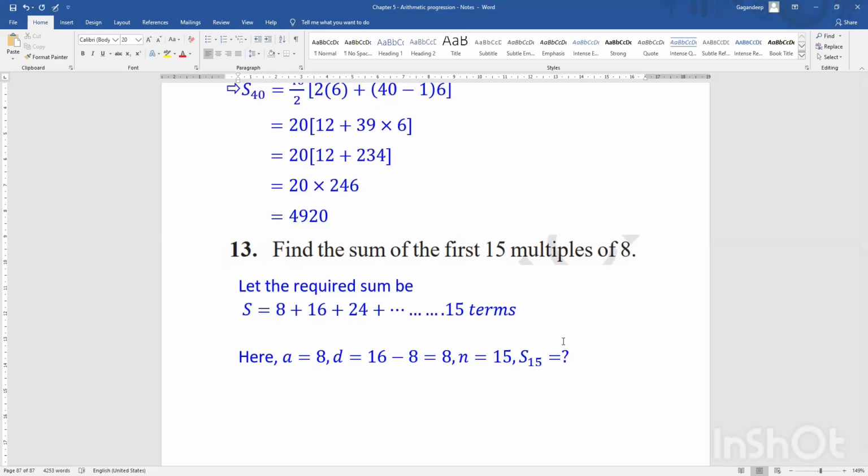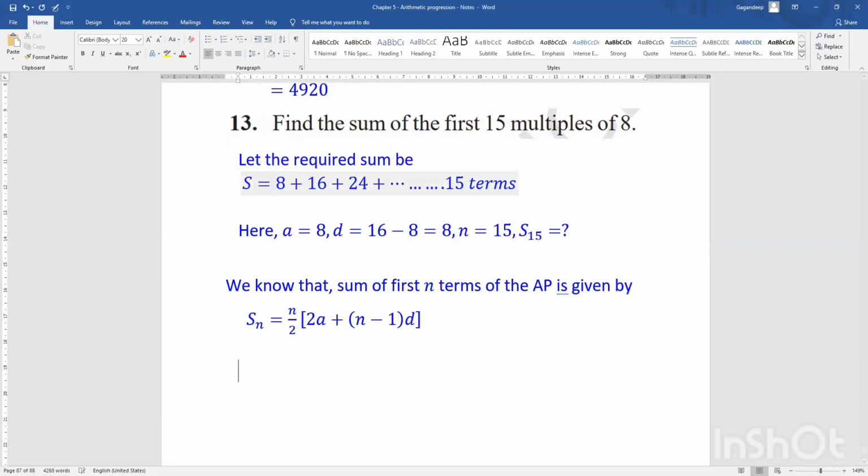Now, in my next step, we know that Sn is equal to n by 2 into 2a plus n minus 1 into d. I'm going to take this Sn formula and put n equals 15. S15 equals 15 by 2 into 2a, where a is 8, plus n is 15 minus 1 into d value, which is 8.